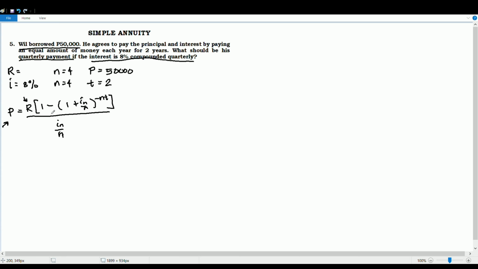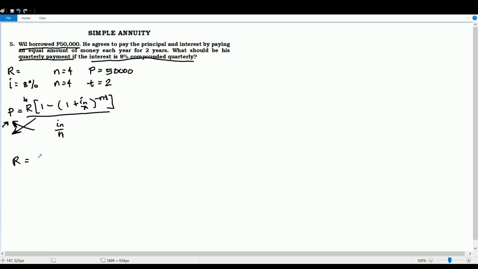Before I substitute the values, I would like to isolate R first so that the remaining side of the equation will be the formula that we will be substituting the values into. So we have to isolate R by cross multiplication. R will be the remaining variable on one side of the equation.